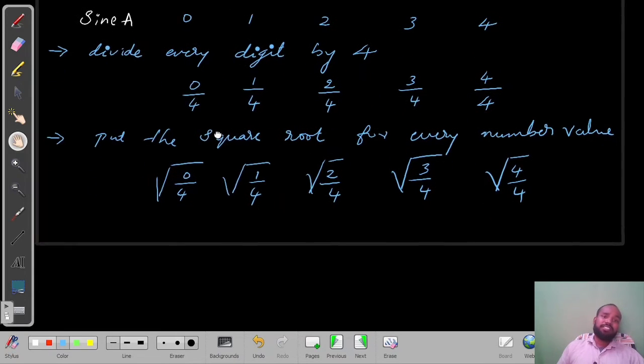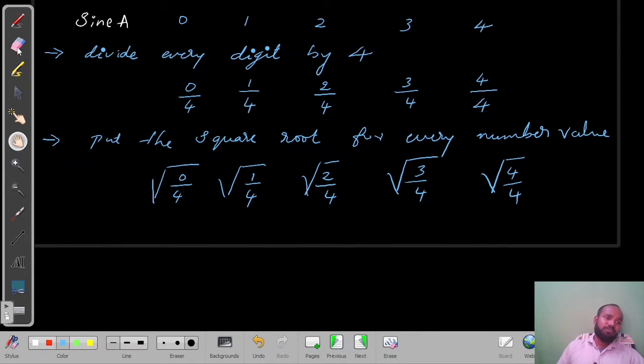Now just solve this, simplify this. Root 0 by root 4. This is root 1 by root 4. Root 4 is nothing but, we will do it in the next step.